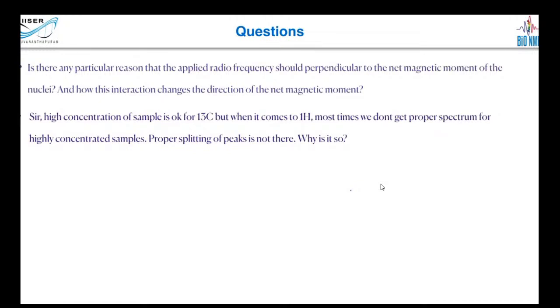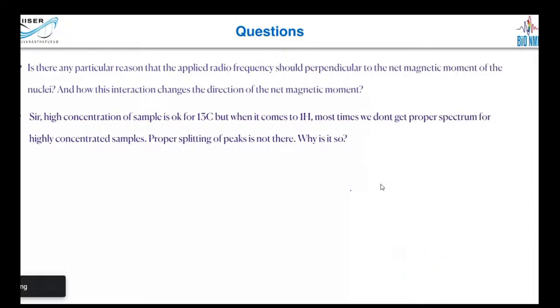If there is an exchange going on between A and B, the chemical environment in A and B will be different, so during the NMR time scale they will have different chemical shifts. What you see is the average of these chemical shifts, which leads to broadening. So that could be one of the problems that you can face.